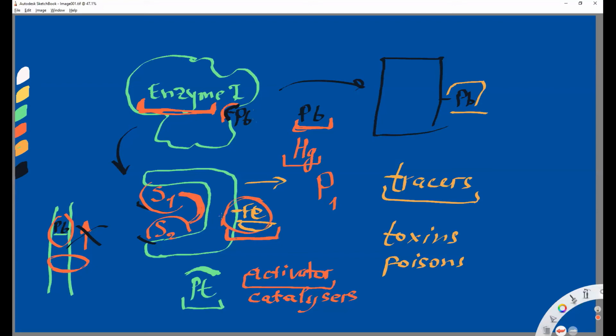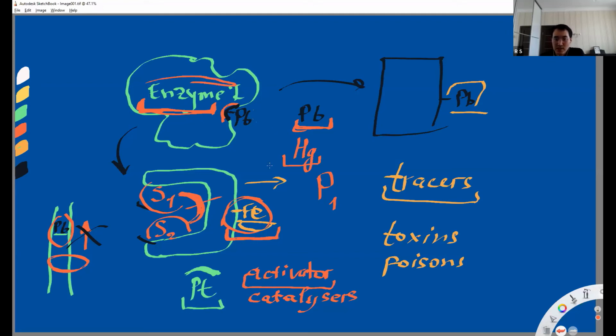It doesn't mean that ferrum or iron cannot be the coenzyme for some of the enzymes. It just means that for this particular enzyme 1, it plays a role of activator, but in enzyme 2, it can play a role of the key element of the catalysis center.